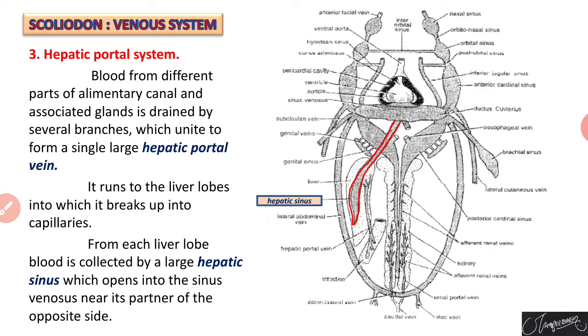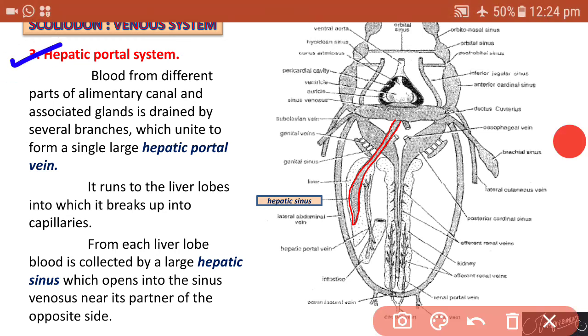Now the third part of this venous system, the hepatic portal system. The blood collected from the hepatic region of the body by particular blood vessels forms a system that is called the hepatic portal system, which collects blood from the alimentary canal and their associated glands.